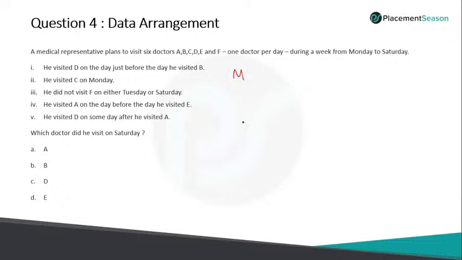Monday, Tuesday, Wednesday, Thursday, Friday, and Saturday. 6 days we have, and this medical rep is going to visit 6 doctors in these 6 days, 1 doctor per day. That is what is given.